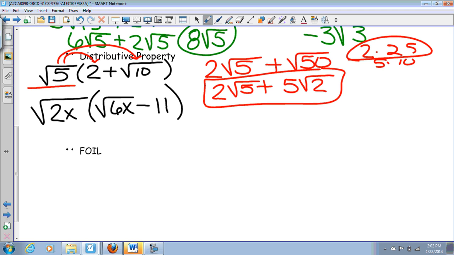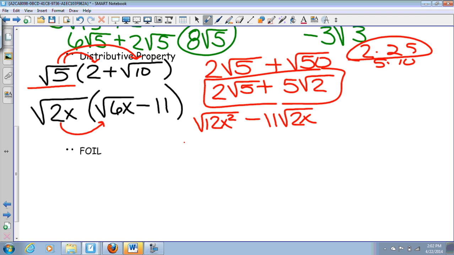Looking at this one, the square root of 2x is my distributor. The square root of 2x times 6x becomes the square root of 12x squared plus, minus 11 times the square root of 2x. Okay, can we simplify any of this?